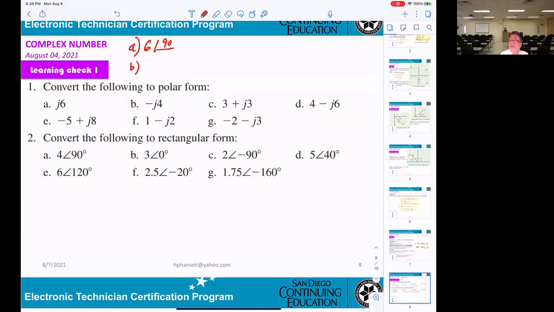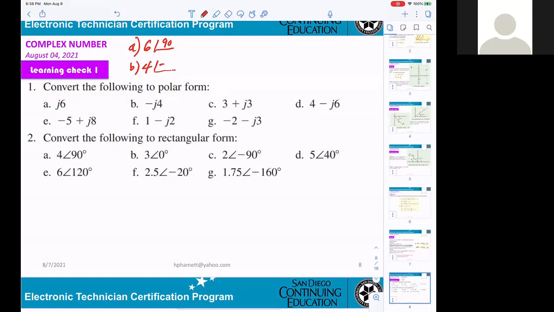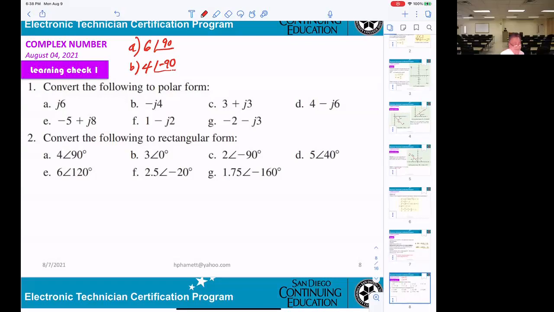Okay, let's see. B, 4, angle negative 90, minus 90. You understand a minus means 90 degrees.